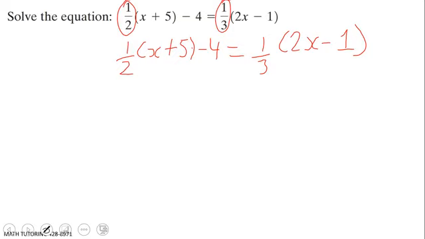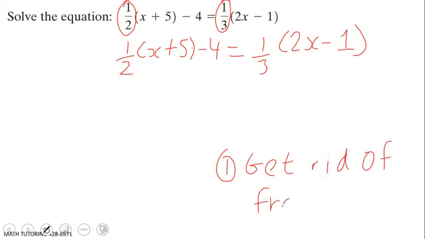So let's, as our first step, try to get rid of the fractions, all right? Hope you don't mind, because it would be nice. Because if you get rid of your fractions, then you get into familiar territory, right? Because some persons have problems with fractions. So let's eliminate our fractions as our first step.